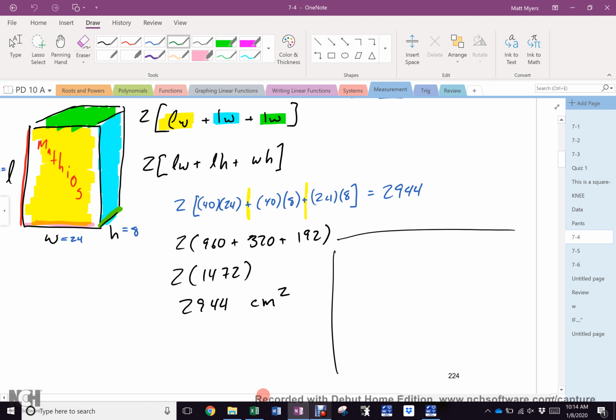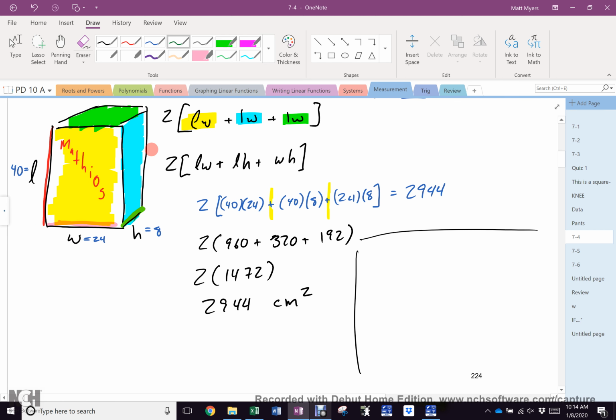the first one is a rectangular prism, yes? So what is the base shape? A rectangle. Since they're all rectangles, does it matter which one I choose as the base area? No. What color do you want to use? Blue? No problem. We said that the blue was 40 by 8, yes?